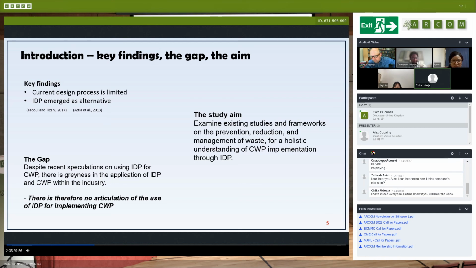Although recent speculation suggests the possibility of implementing CWP using IDP, there is grayness in their application within the industry. Therefore, there is no articulation of the use of IDP for implementing CWP. This paper examines existing studies and frameworks on the prevention, reduction, and management of waste for a holistic understanding of CWP implementation through IDP.